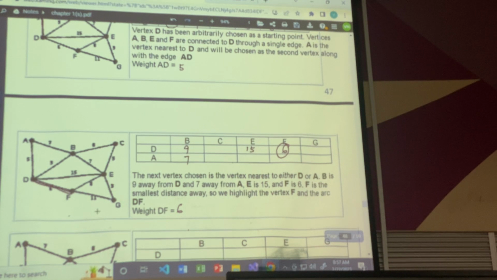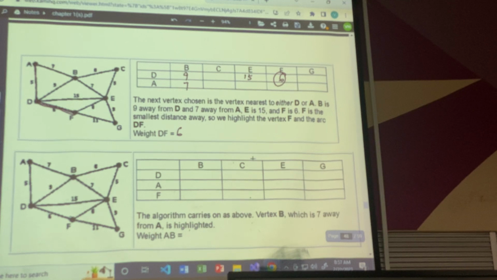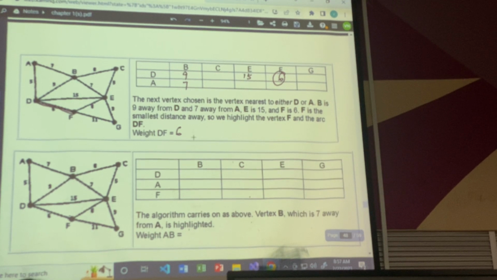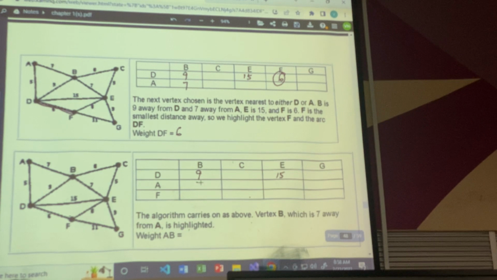Okay? So in the third table, you will include F as the third row, and the column F is no longer there. So for D, you still have B 9, you still have E 15, but no more F. For A, you have B, which is 7.